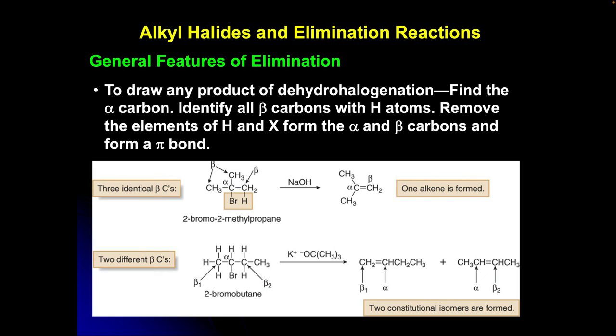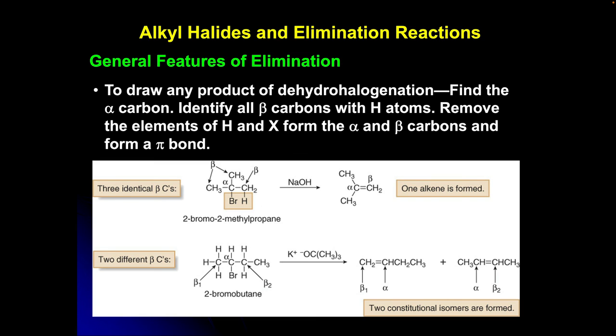Okay? However, when I look at 2-bromobutane, those beta carbons are no longer identical, are they? What's different about them? What's different about beta 1 versus beta 2? Beta 1 is primary. Okay, the number of hydrogens attached, right? So this beta 1 has 3 hydrogens attached to it. Beta 2 has 2 hydrogens attached to it, right?